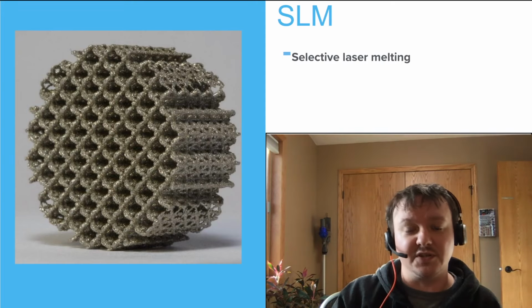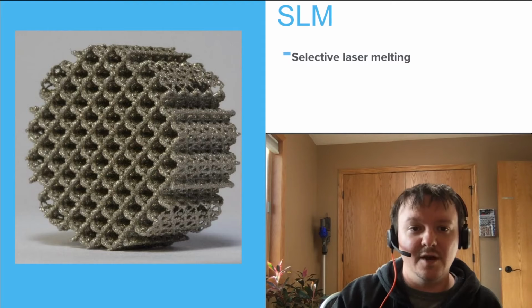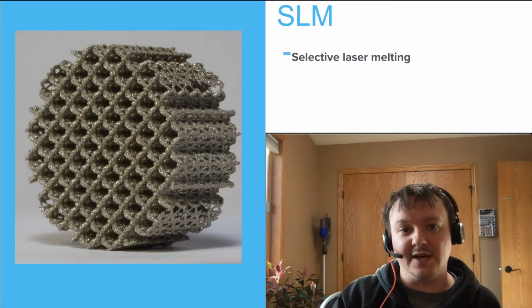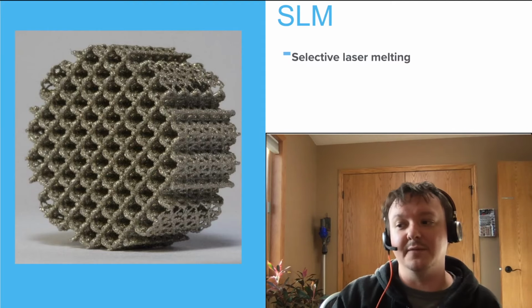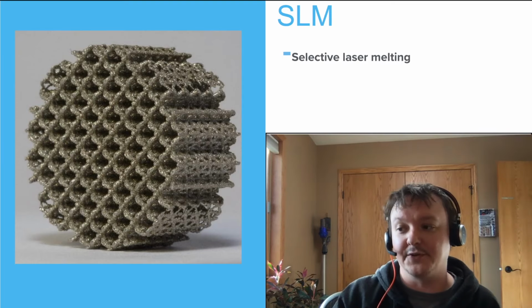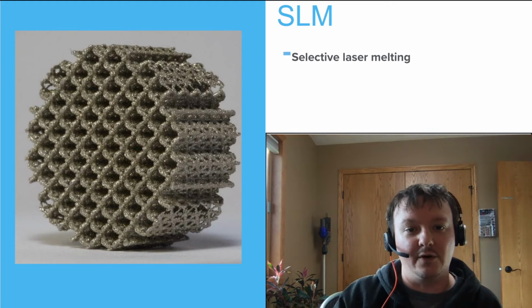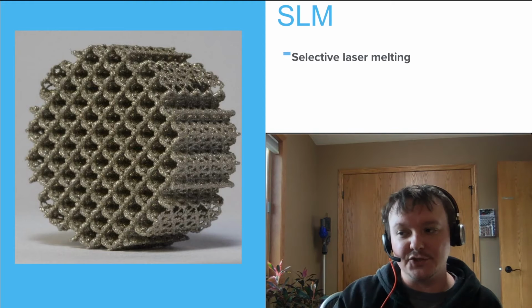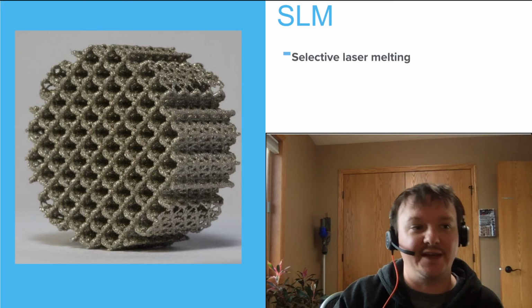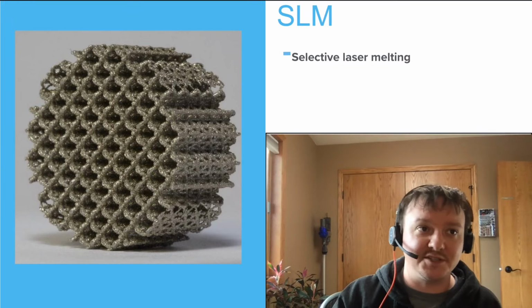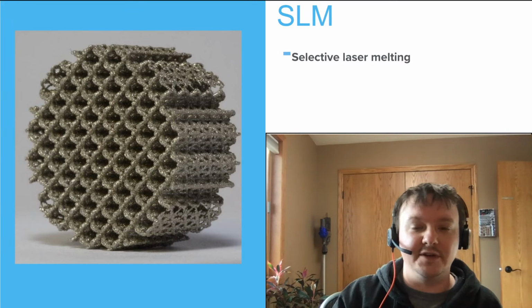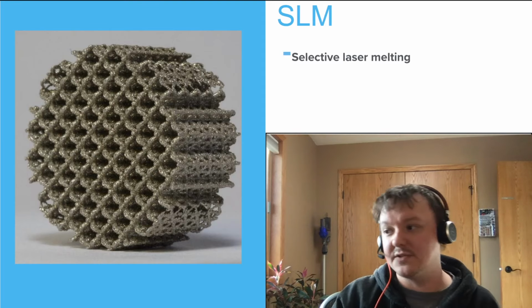These machines are hundreds of thousands of dollars, but you can do really intricate geometries that would basically be impossible with a traditional subtractive process. You couldn't get a drill bit in there to cut out all of these tiny little features. This process has been around for many years, and it's very expensive. You won't really ever see this at home.